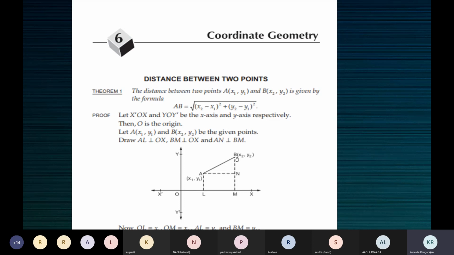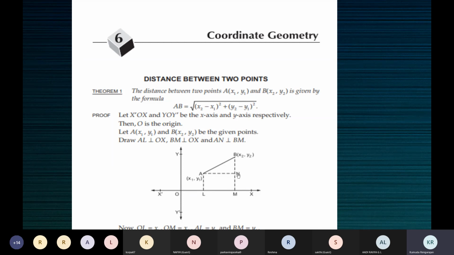So clearly, Y2 is BM minus NM, but NM is equal to AL. Opposite sides are equal in a rectangle. So if this is Y1, this is also Y1.